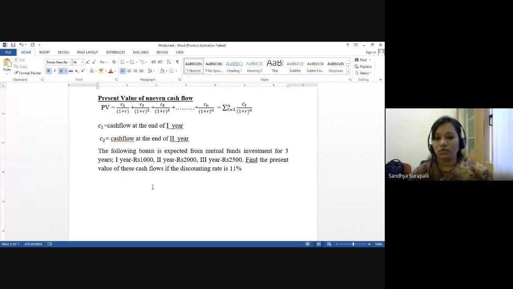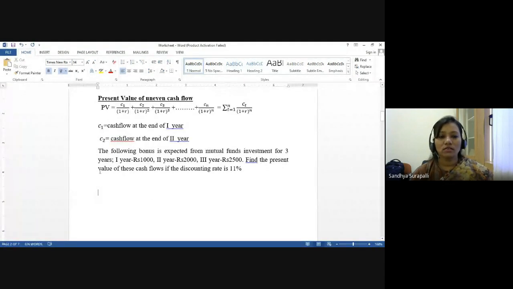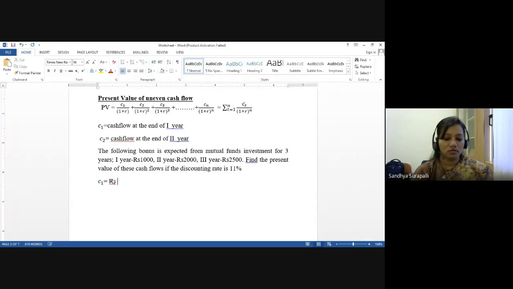First year 1000, second year 2000, and third year 2500. Find the present value of these cash flows if the discounting rate is 11%. So what is C1? 1000. Yes, it is 1000.